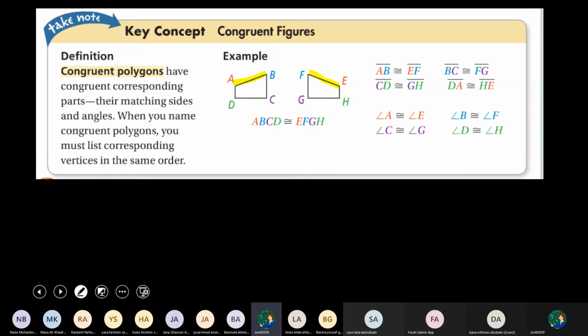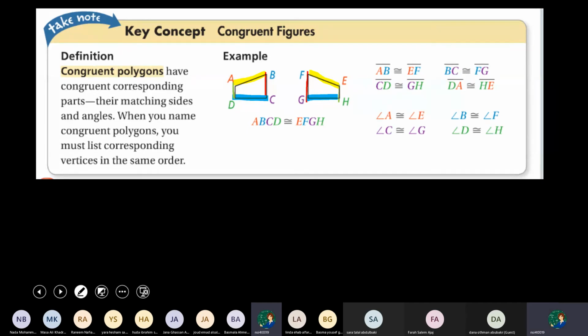And also BC, look at my movement, is congruent to FG. And also DC is congruent to GH, and also DA is congruent to HE.